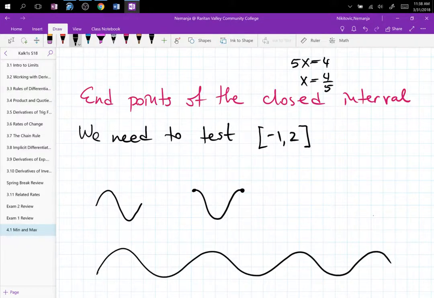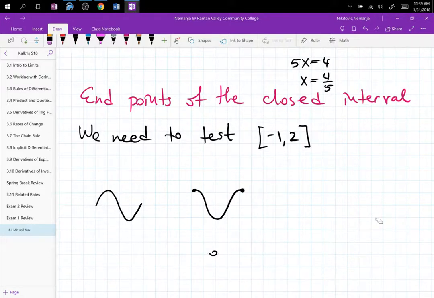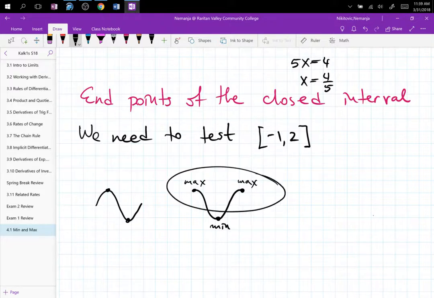And this wave going forever means infinitely many max, infinitely many min values. But as soon as I chop it off, 1 min, 1 max. Over here, max, max, min. Look that these guys on top occur at the endpoints.